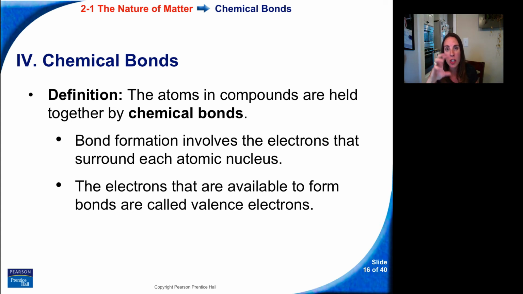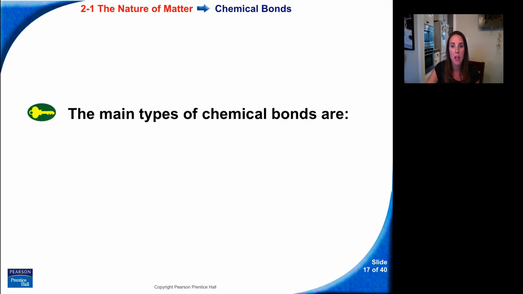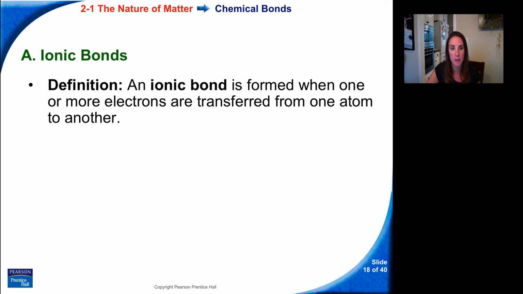In each atom, you want 8 valence electrons, unless you're hydrogen or helium, in which case you only want 2. But for the most part, you want a full shell of outer electrons, so you want 8 electrons. The main types of chemical bonds are ionic bonds and covalent bonds.